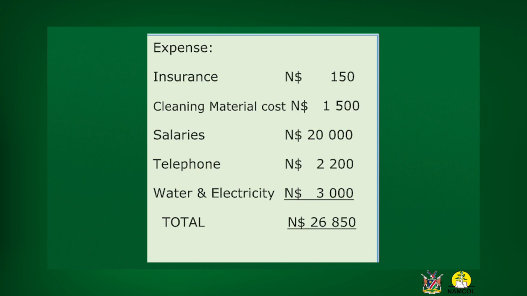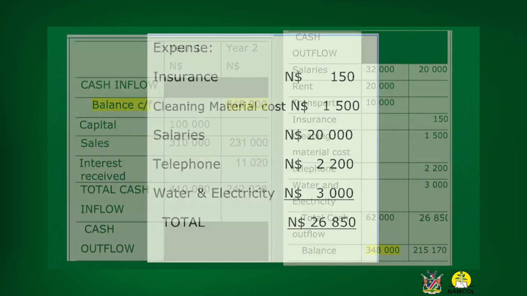So this gives us a total of outflow for year 2 of 26,850 Namibian dollars. Let's input this also on the cash flow statement.